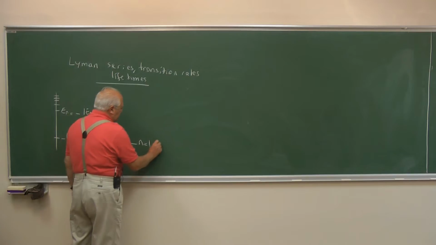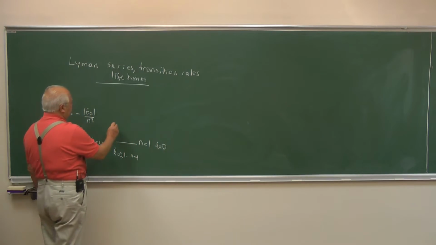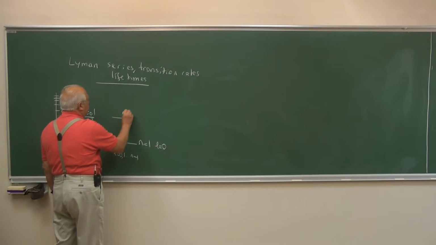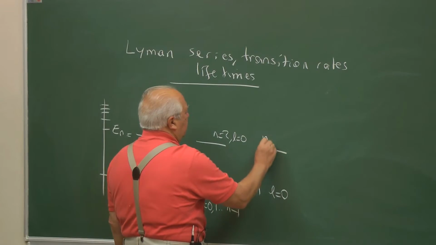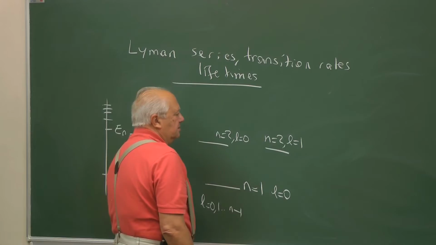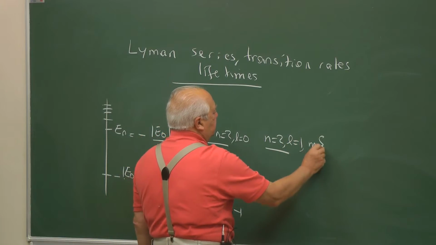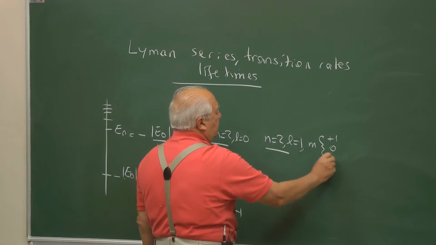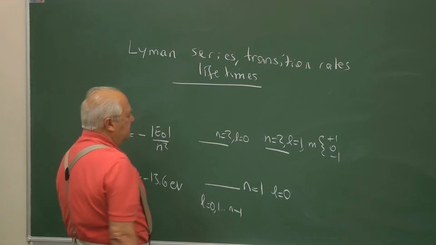So for the ground state, L equals 0. For the next excited state, we have n equals 2, L equals 0, and then n equals 2, L equals 1. And there are 3 m values for this, plus 1, 0, minus 1. And there are other n states.